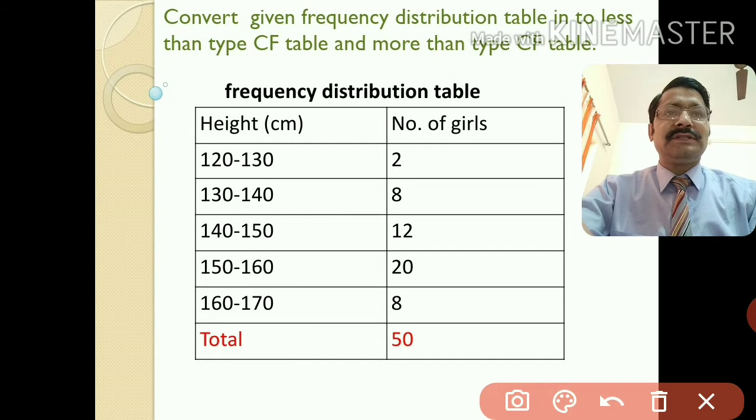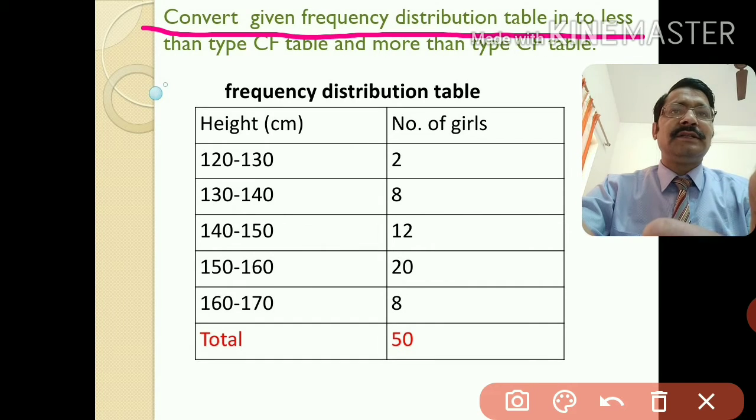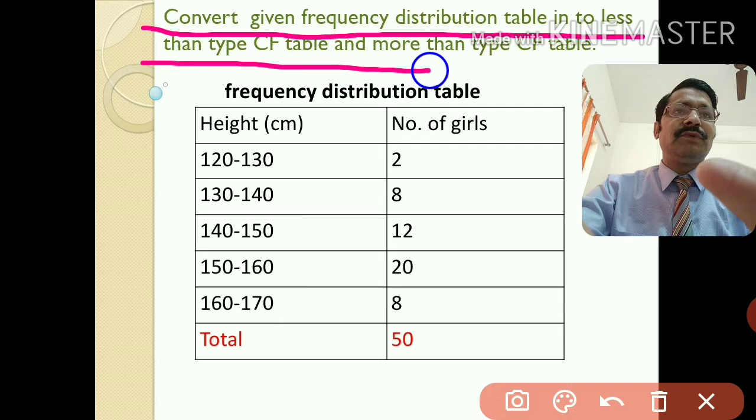Look here, the first question is: convert the given frequency distribution table into a less than type CF table and a more than type CF table.